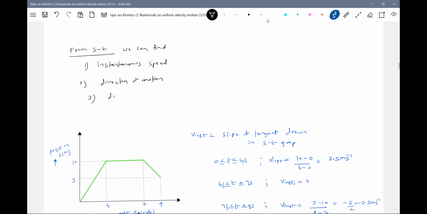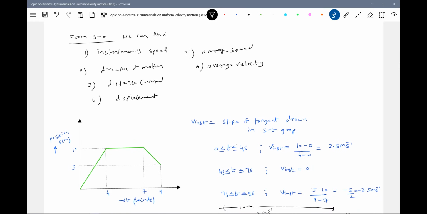Third, distance covered. Fourth, displacement. Fifth, average speed. Sixth, average velocity. All these quantities you can determine.